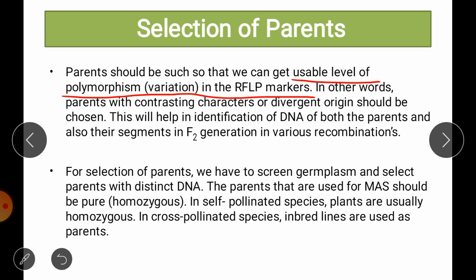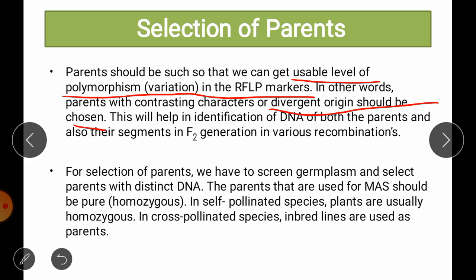Okay, so they are genotypically different in your RFLP scorings. When you score them with the help of RFLP, they should have a different banding pattern, or in other words we can say parents with contrasting character or divergent origin should be chosen here.